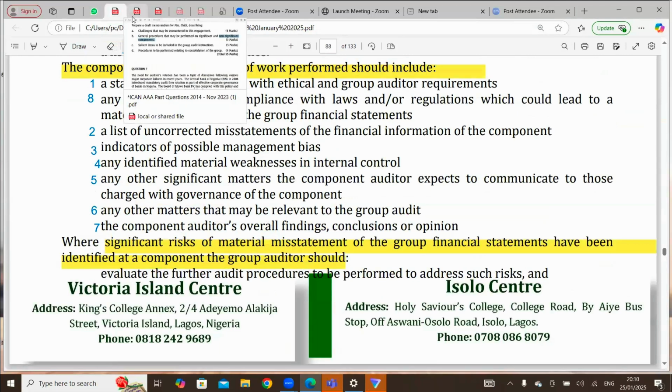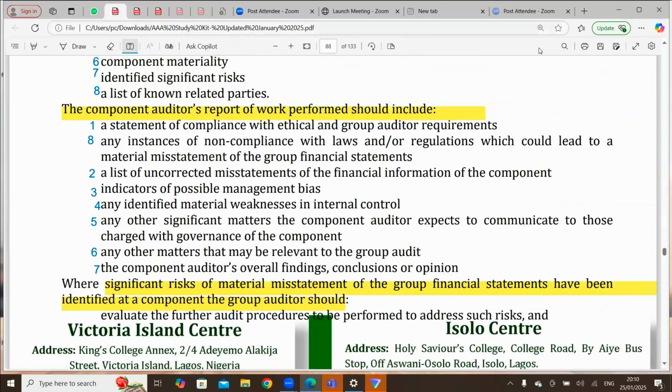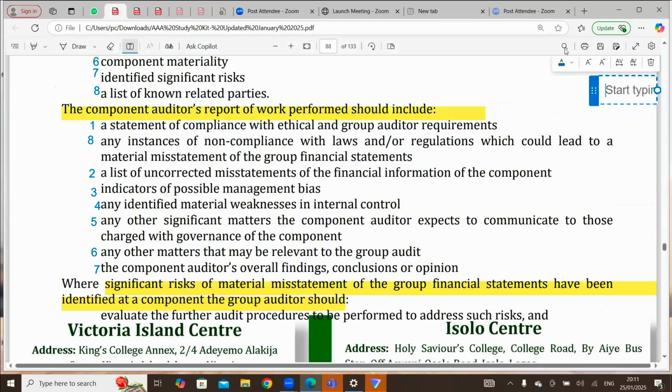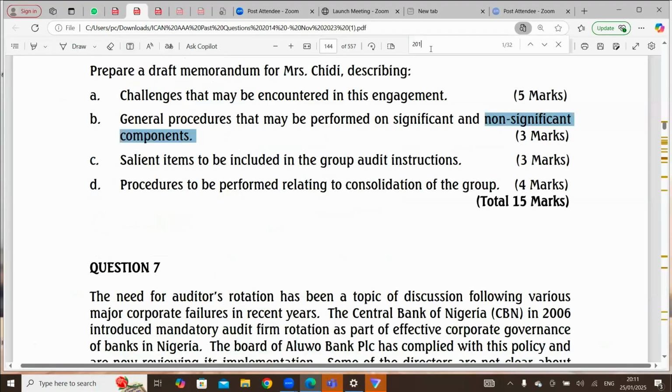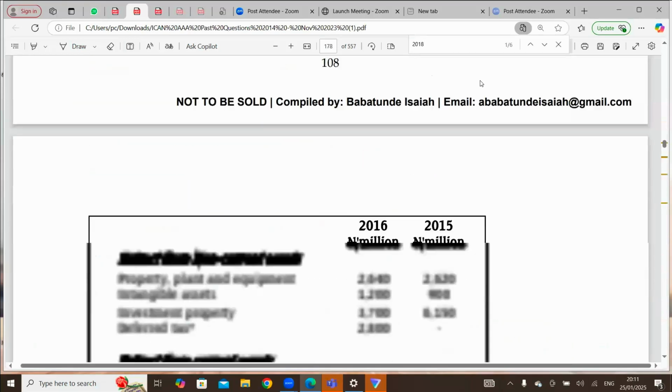Next up, we have May 2019 question. Okay, is it May? November 2018 question 6. November 2018 question 6.